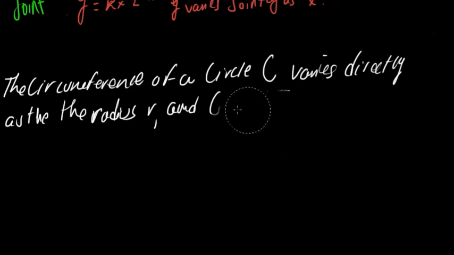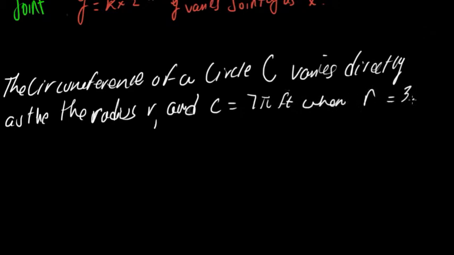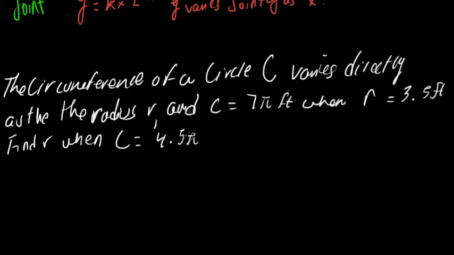Let me write that in. And it says, and C is equal to 7 times pi. Of course, this is in feet, when R, which is your radius, is equal to 3.5 feet. And the question says, find R when C is equal to 4.5 times pi feet.